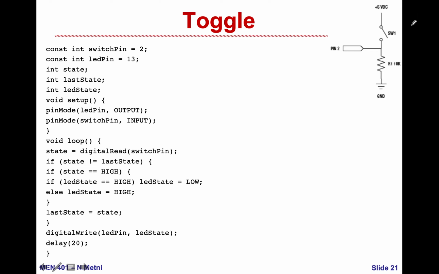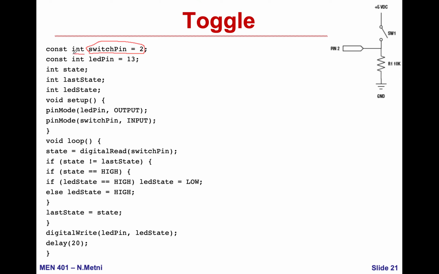Because as I told you, I can never leave an input pin floating. So when the switch is open, pin 2 is 0, and when the switch is closed, pin 2 is 5. Here I connect switch 1 to pin 2, and from now on, I will call pin 2 switch pin.